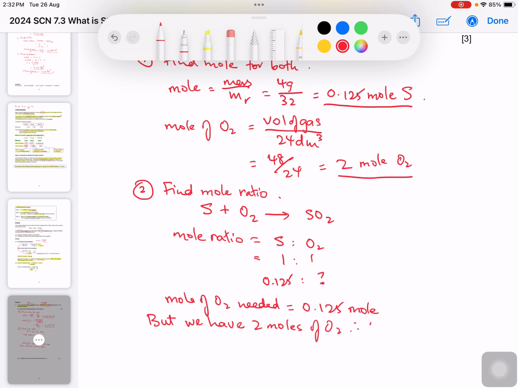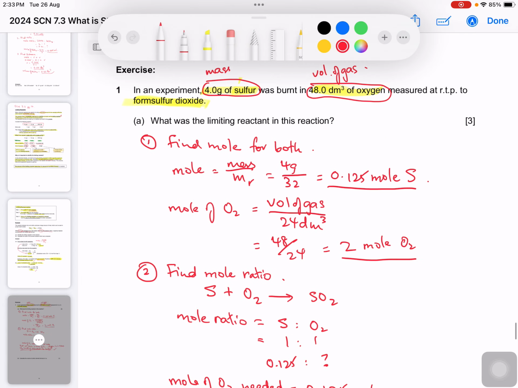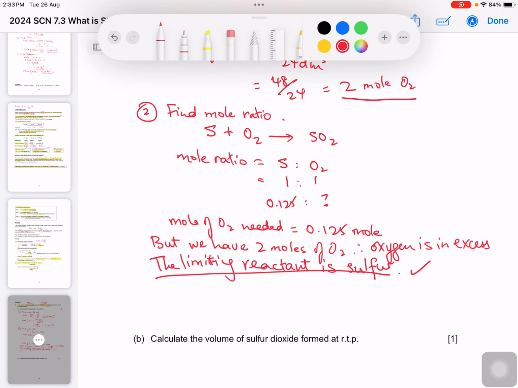Therefore, we can say that oxygen is in excess. We only need 0.125, but we have 2 mole. So oxygen is in excess. Therefore, the limiting reactant, which is what the question wants us to find, is sulfur. This is our answer. The limiting reactant is sulfur.